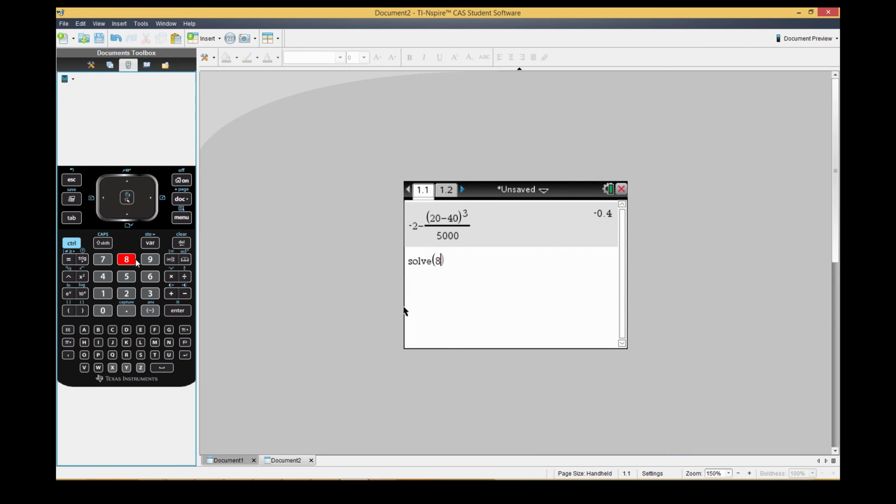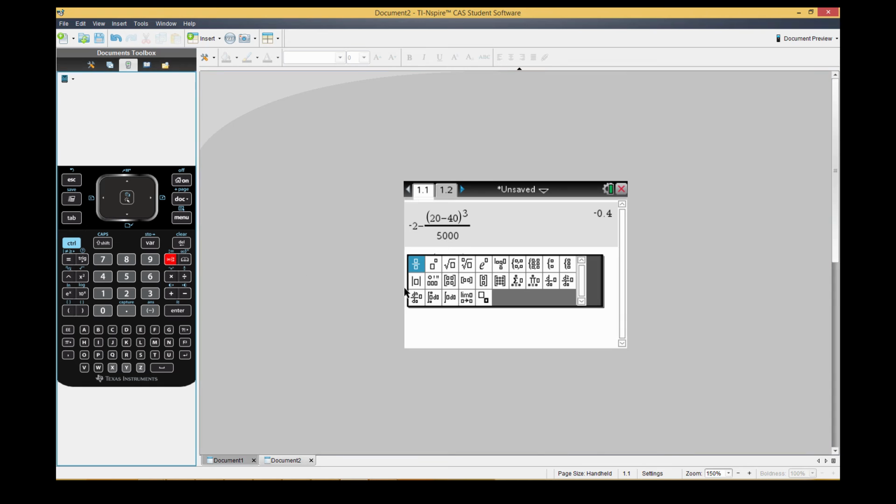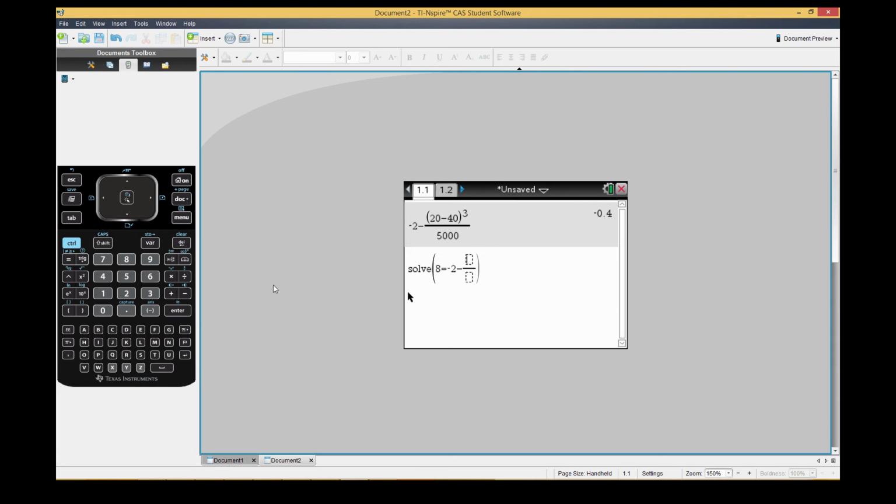So we got 8 equals negative 2 minus, open brackets, x minus 40, raised to the power 3.